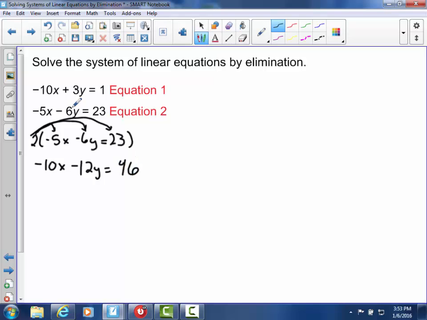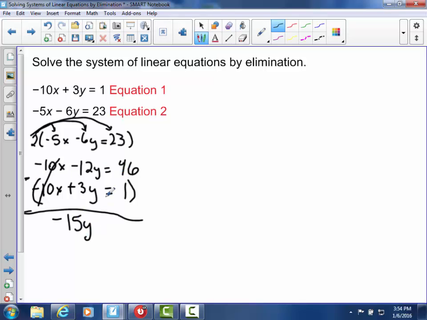Then I have my equation 1, negative 10x plus 3y equals 1, because we didn't do anything to it. Because they're the same, I'm going to subtract the whole thing. So negative 10 take away negative 10 is 0. Negative 12 minus 3 is negative 15y. And 46 take away 1 is 45.